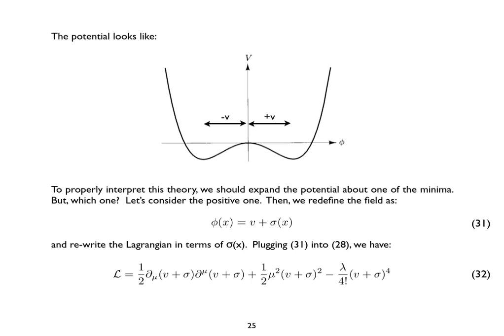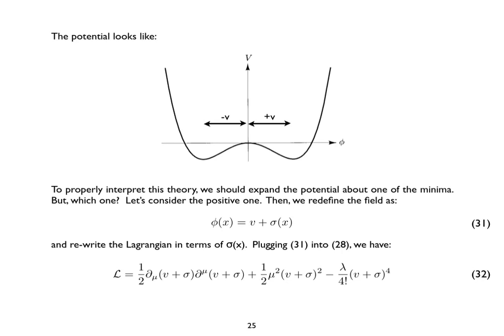But we have two choices. Which choice do we take? Do we go to the left or do we go to the right? Well, let's just choose one, and let me go to the right, I guess. We'll take the positive one.